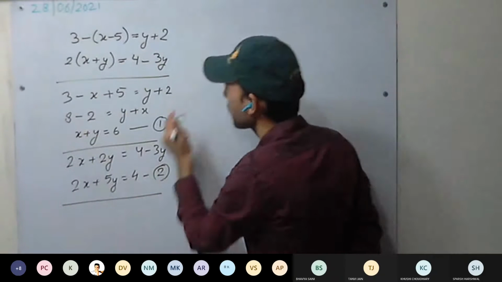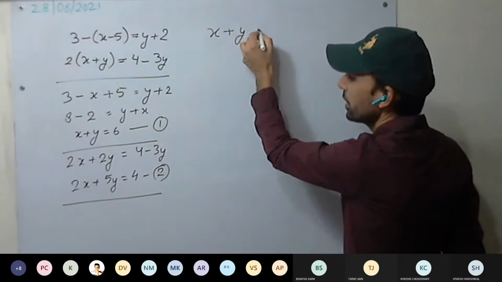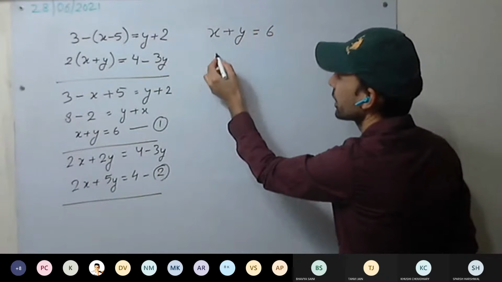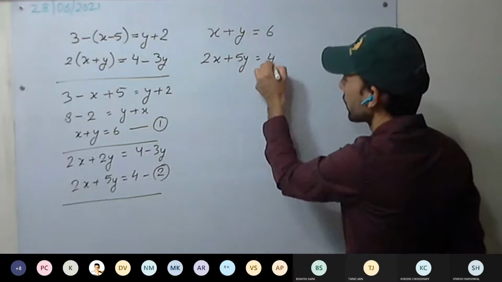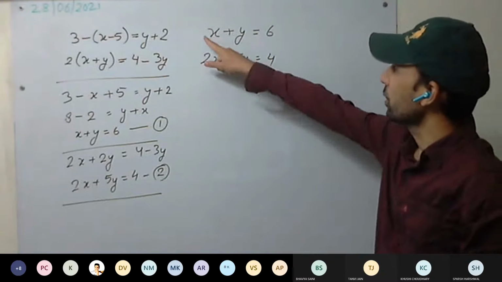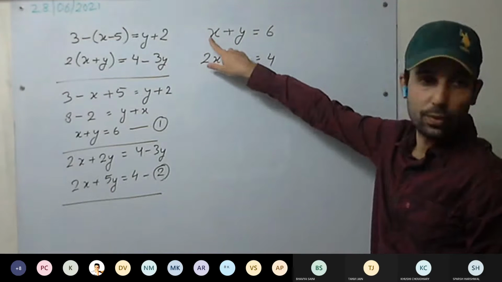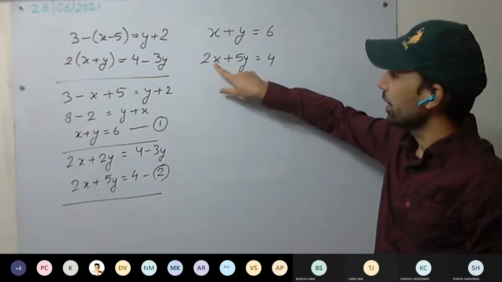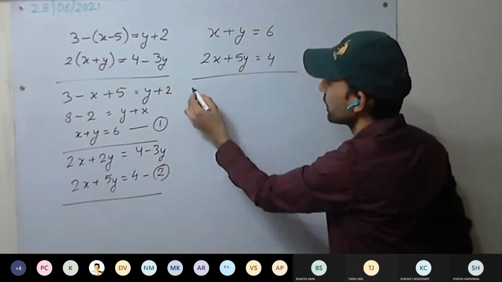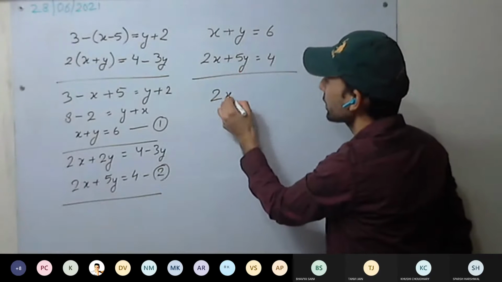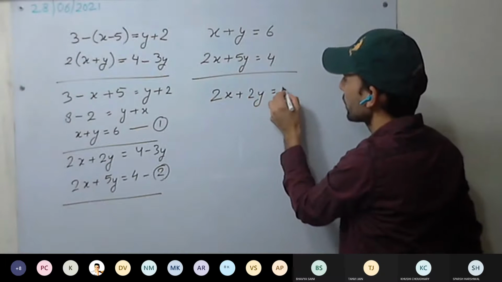See here, the equations are x plus y equal to 6, and the other equation, 2x plus 5y equal to 4. So which equation is easier? If you multiply the first equation with 2, then we can cancel x terms. Multiplying the first equation with 2, we'll be getting 2x plus 2y equal to 12.